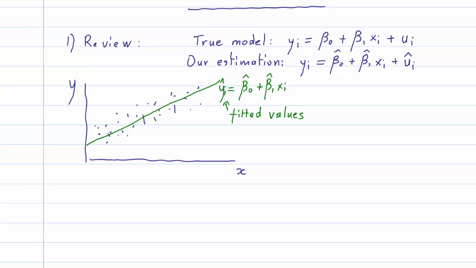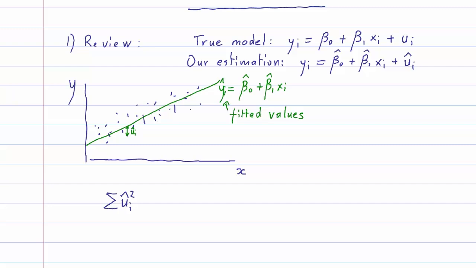And if we take the difference between the fitted value, for instance here, and the points that we really have, this is the error term, ui hat. So our goal here will be to minimize the sum of the squares of the error term.